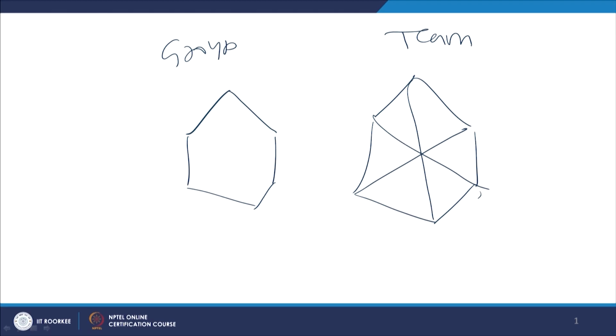When we talk about the formation of the group, the first stage is forming. Trainees have joined the particular training program, coming from different organizations, or maybe different departments of the same organization.